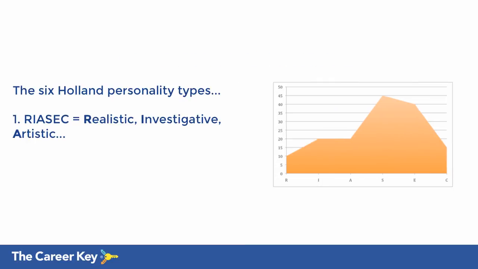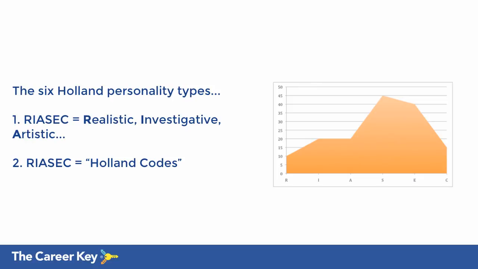Before we leave the Holland personality types, there are 3 things you will want to know. First, people often use abbreviations for the personality types. R stands for realistic, I for investigative, A for artistic, and so on. You probably noticed this when we graphed the personality pattern a moment ago.